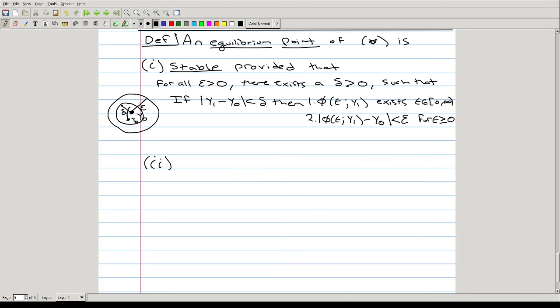The solution might go outside of the delta ball, but it has to stay within the epsilon ball. And this is the solution phi of t comma y1.